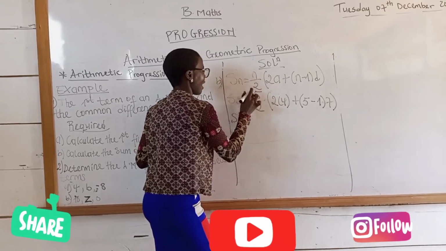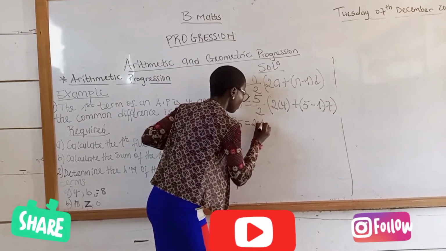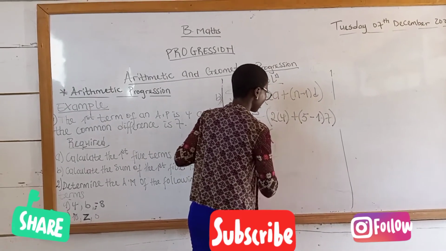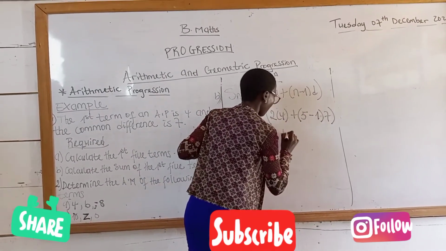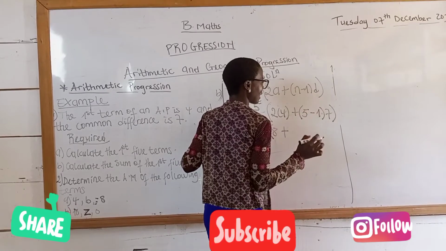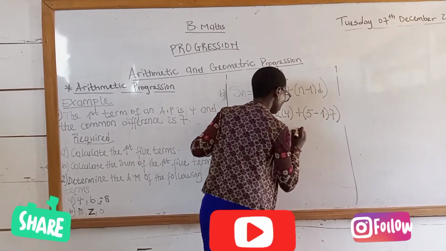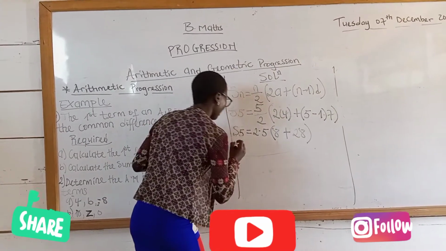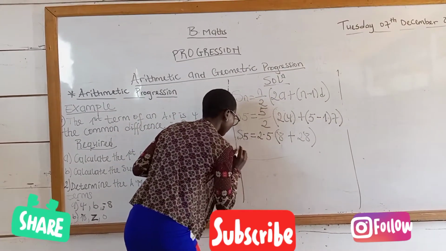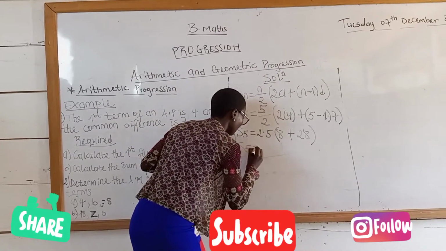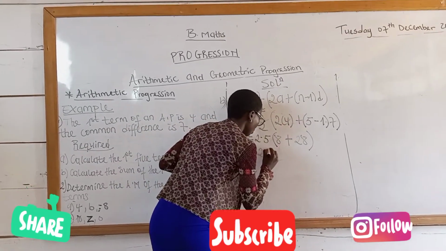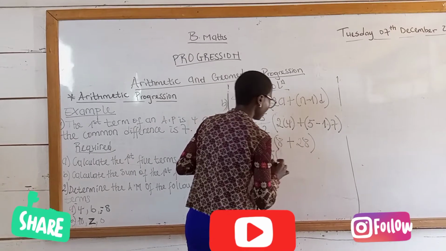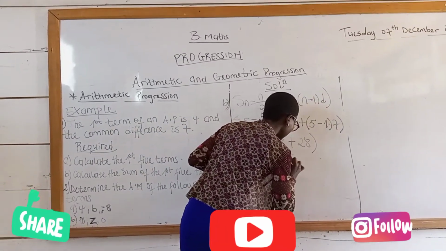So you say S5 equals 5 divided by 2, which is 2.5, bracket 2 times 4 is 8, plus 5 minus 1 is 4, 4 times 7 is 28. Then S5 equals 2.5 times 8 plus 28, which will give you 36.